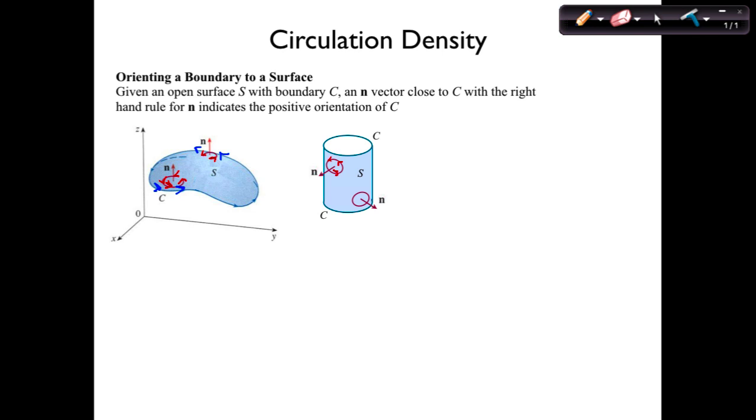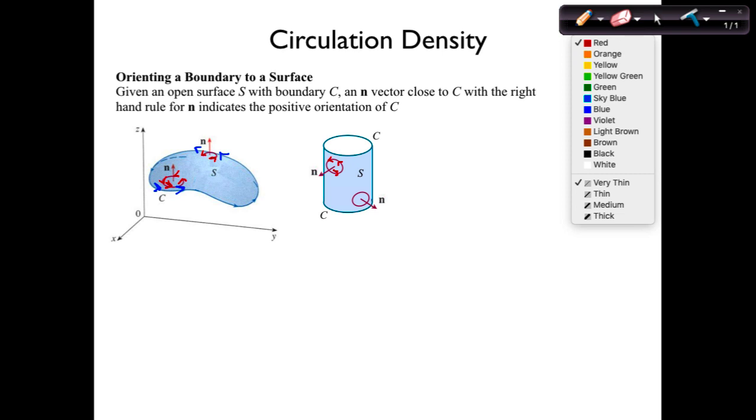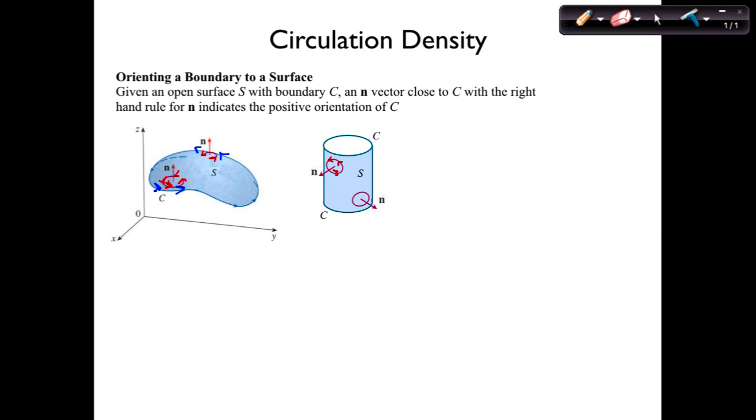Then as you get close to the boundary C, which way right there, left to right or right to left? Right to left, right? And just to check it, if we walked on that, would our surface be to our left? Okay, good.